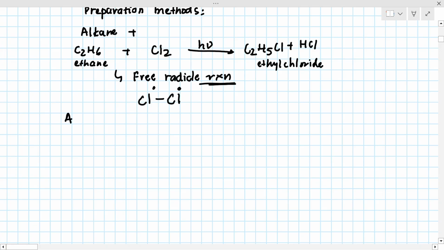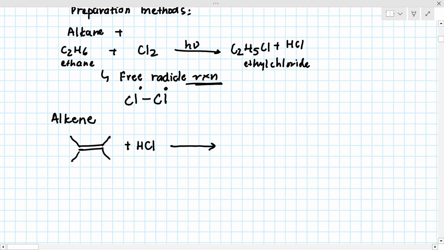Now from alkene, we will prepare from alkene. So here we will take one symmetrical alkene first, plus acid or HCl containing halogen.